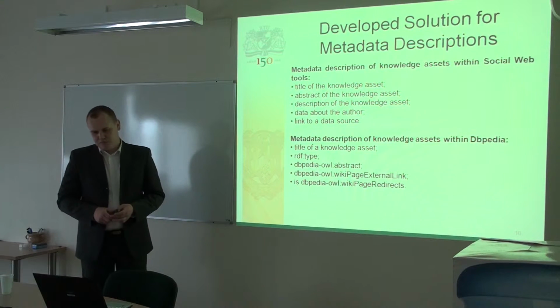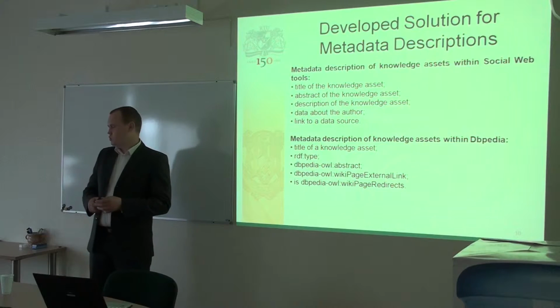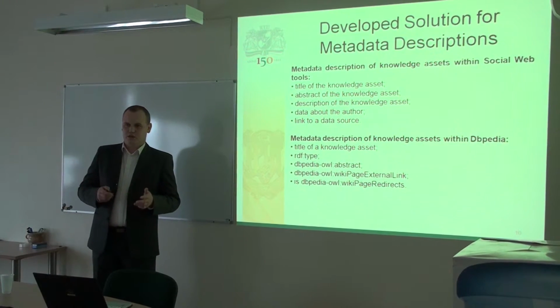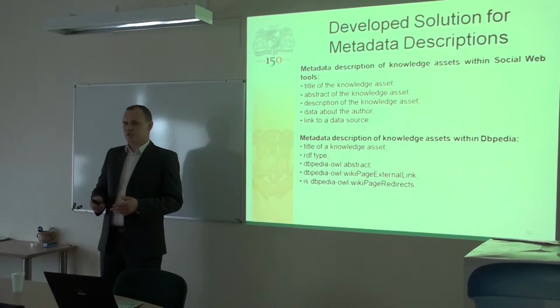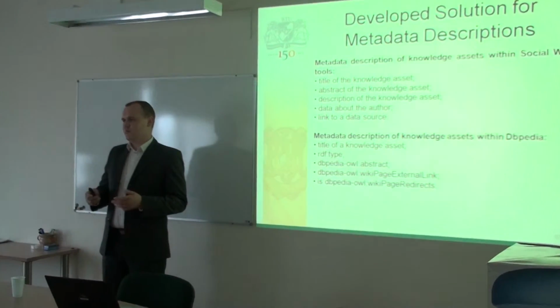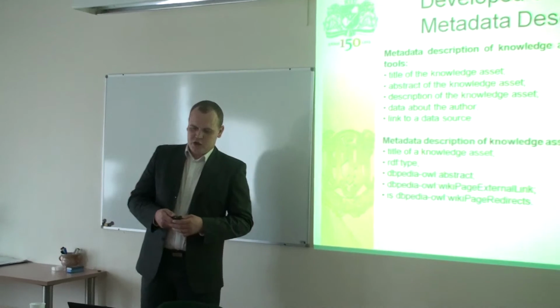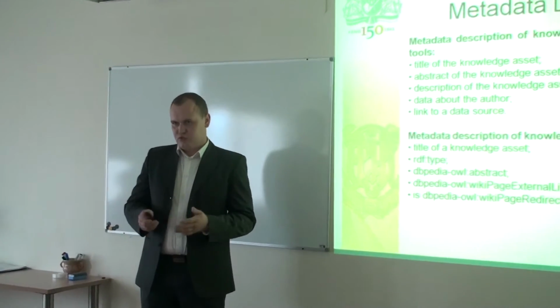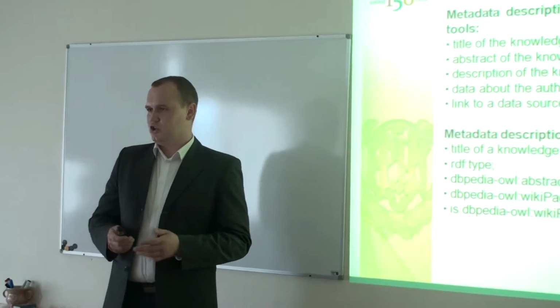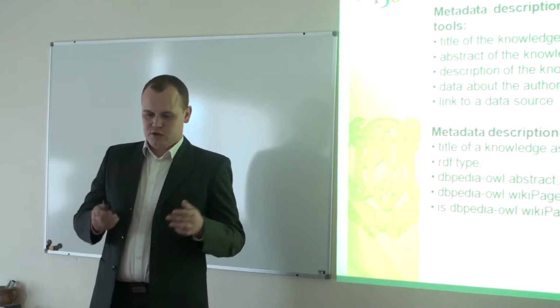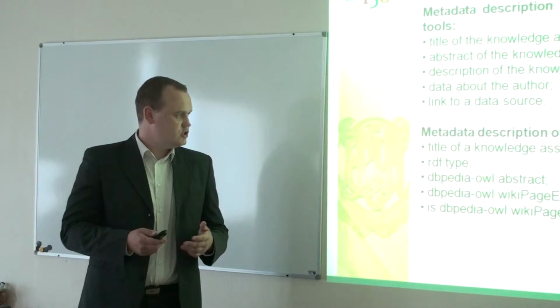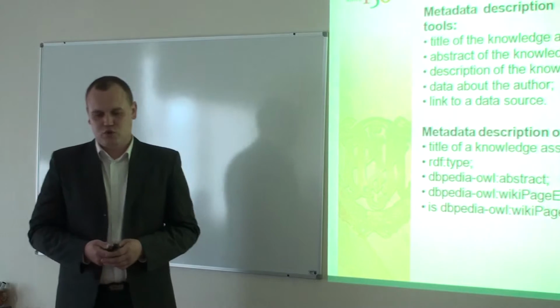From the other side, it was necessary to investigate the DBpedia, which was chosen as the semantic web environment, which will be linked together with the social learning environments. And it was also necessary to research those info boxes in order to find common patterns for these knowledge assets presented in these info boxes.